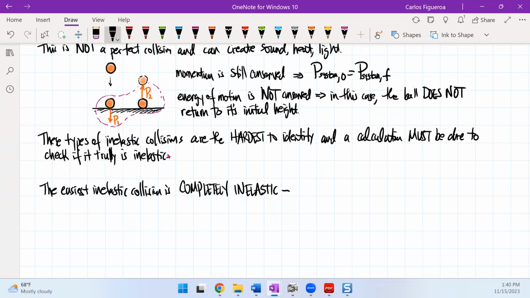And what you find here is that you have two objects that stick together after the collision.